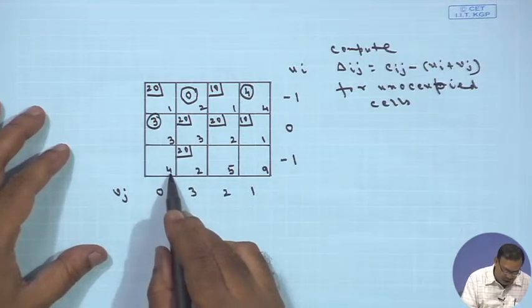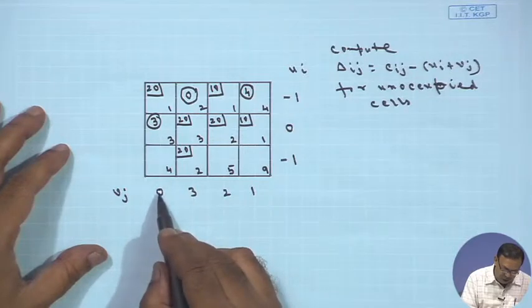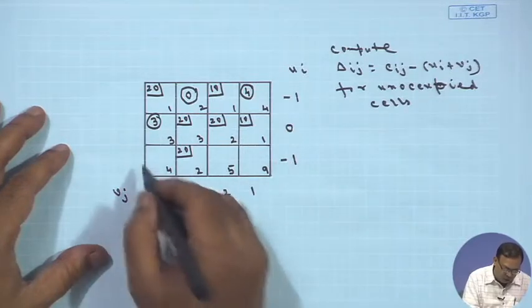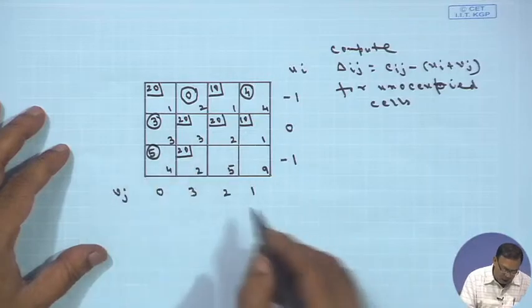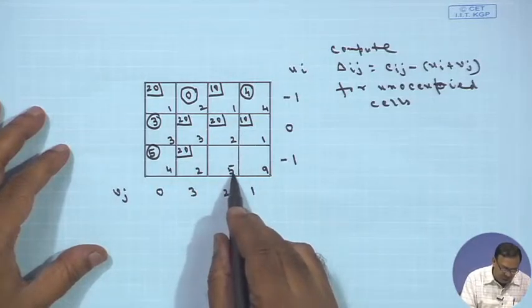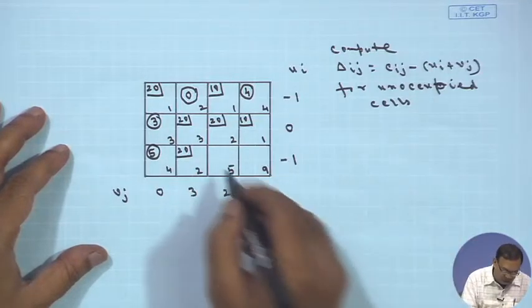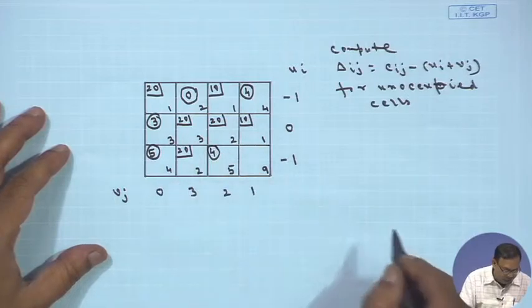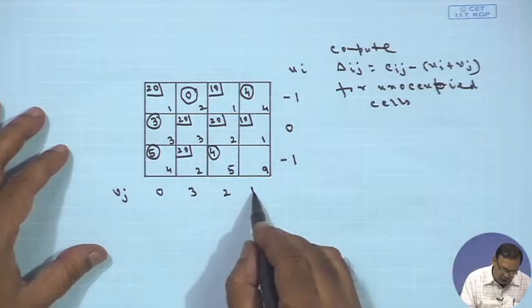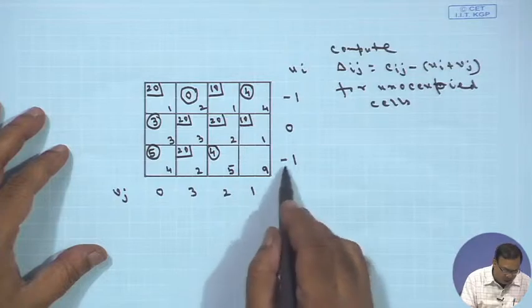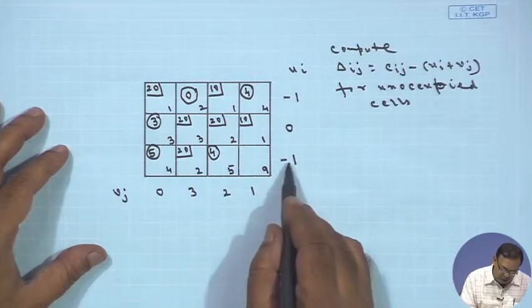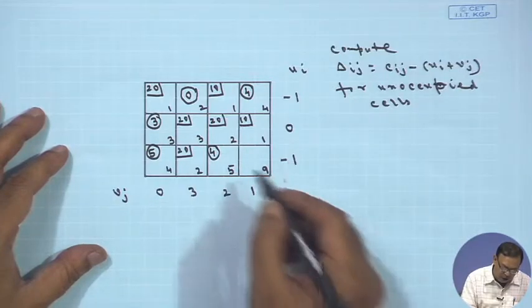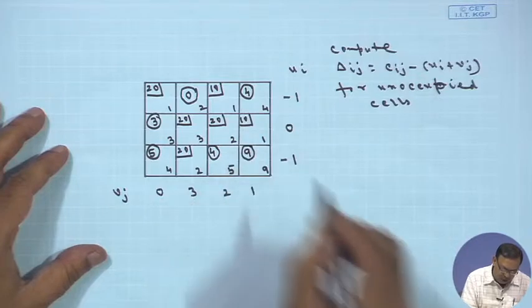For this case, 4 minus (minus 1), so 4 plus 1, 5. For this case, it will be 5 minus 1, so it will be 4. And for this case, it is 9 minus (Ui plus Vj), that is 1 minus 1, 0, so it will remain 9.